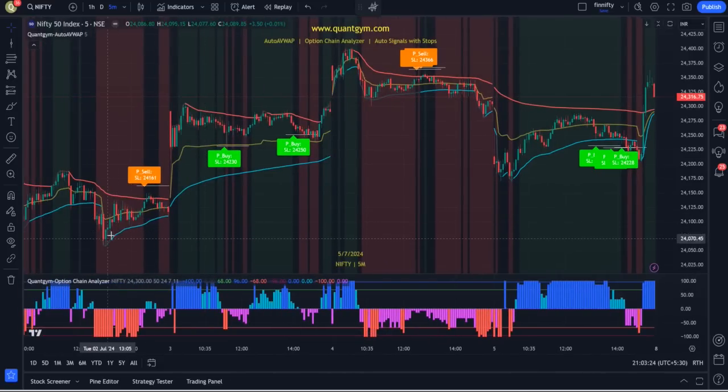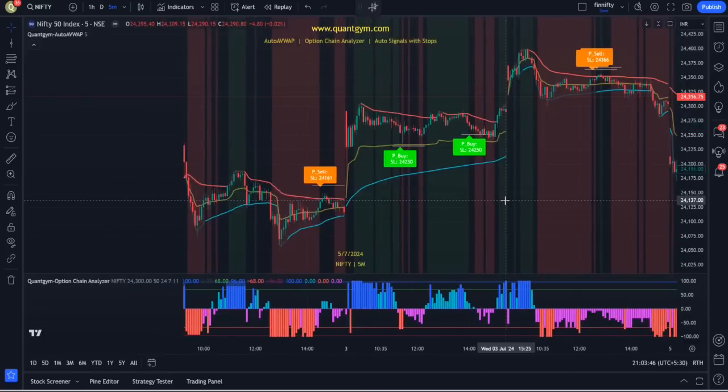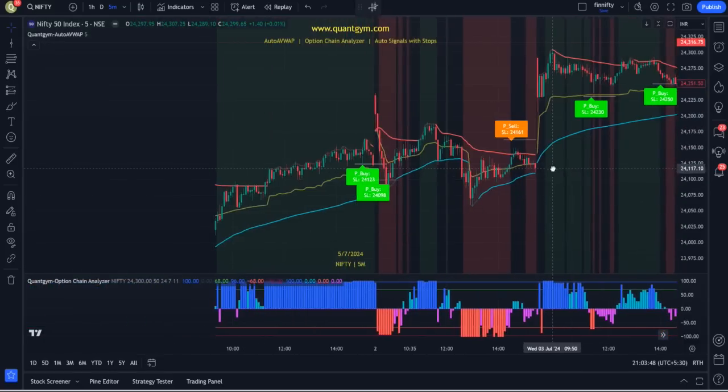So here what happens is after a market sells off and then rebounds, on this pullback it gives you a sell, right? This is a buy side, then a pullback, it gives you a buy. Buy side, then a pullback gives you a buy. This gets stopped off, obviously. This is a sell, then it goes up, then it gives you a pullback sell, then it comes down. Here it gave you some pullback buys. It got stopped at a very small amount. Anyway, so this is the whole system which actually works.